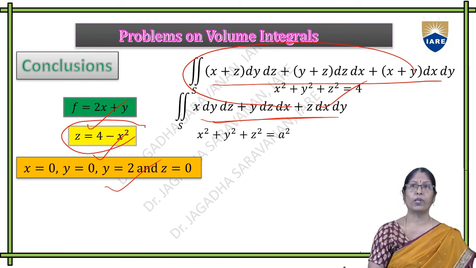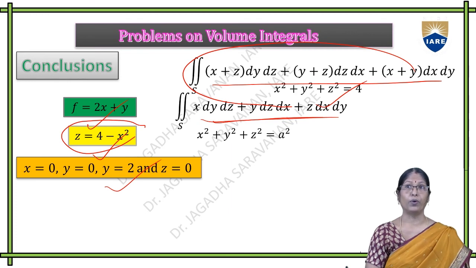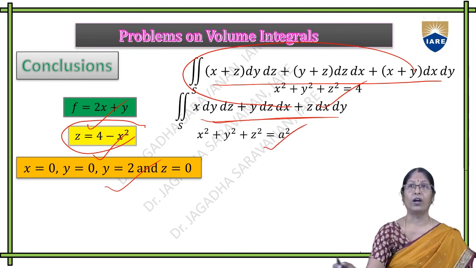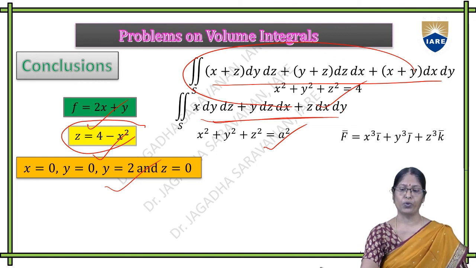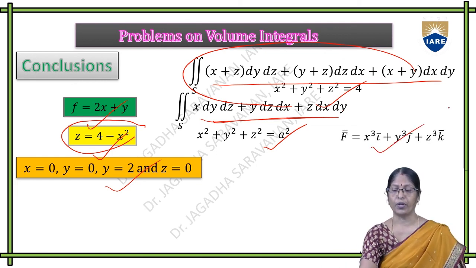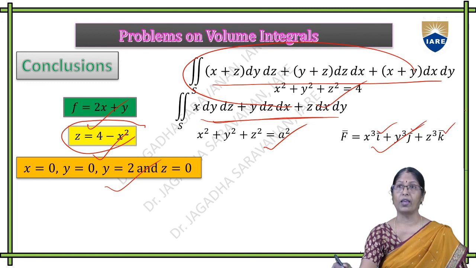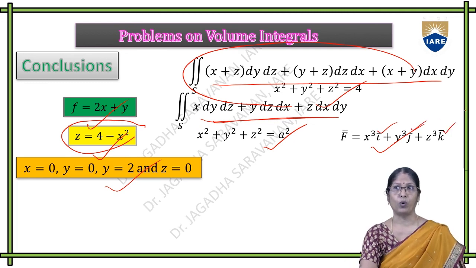So x square plus y square plus z square equal to a square. Here our radius played a role, a. Next we moved on. Here the vector point function has i, j, k, which are mutually perpendicular vectors.